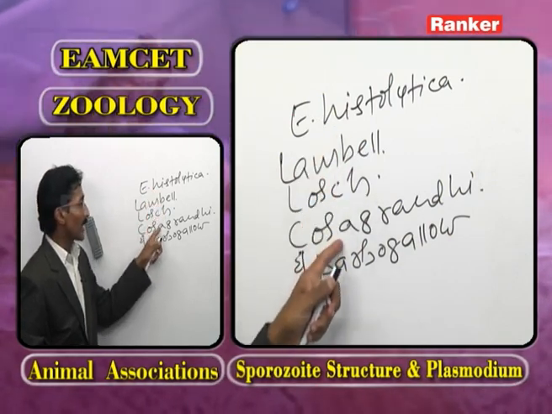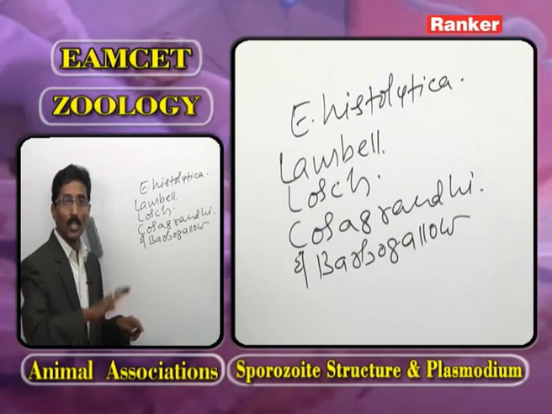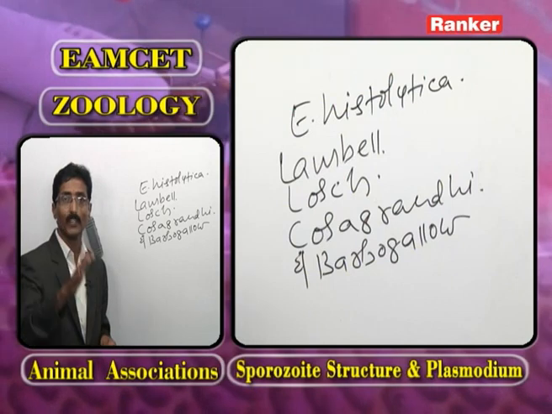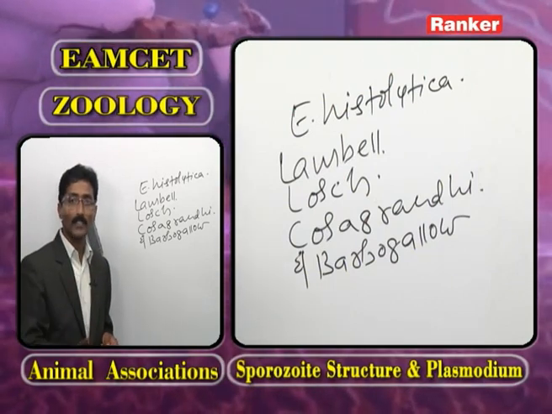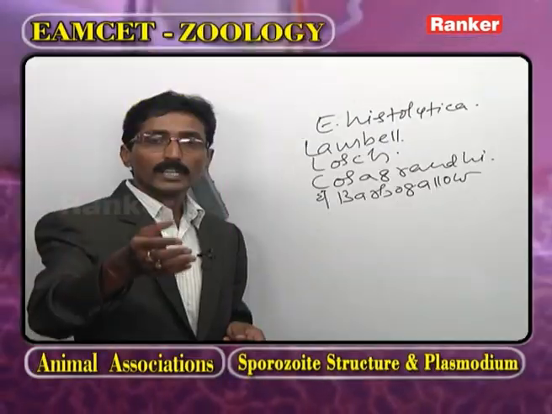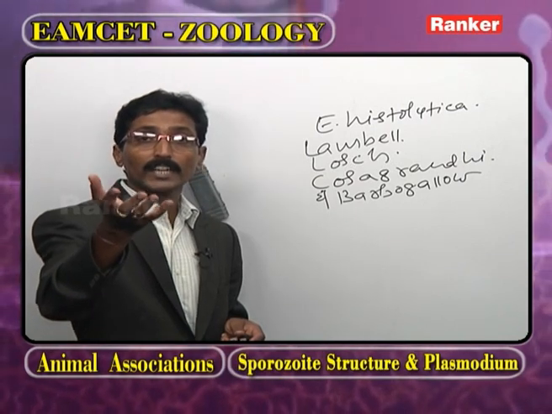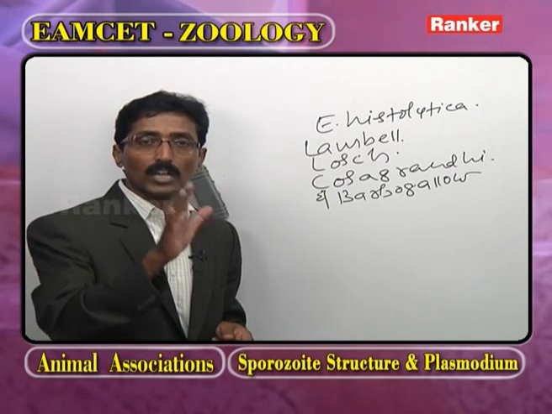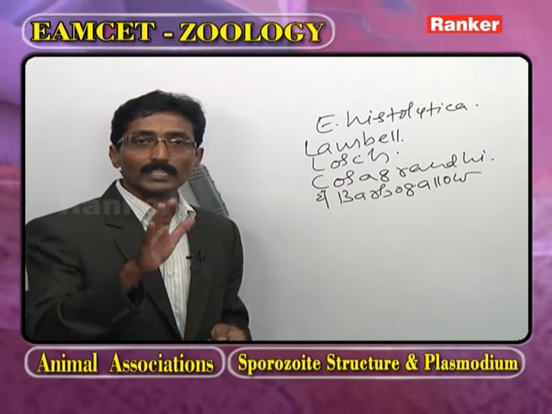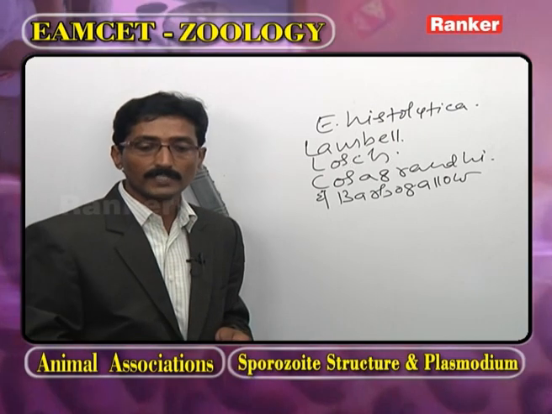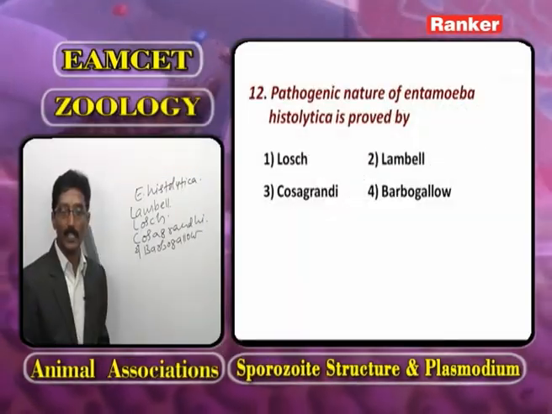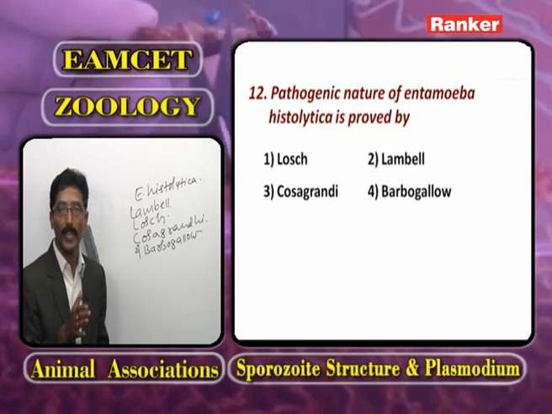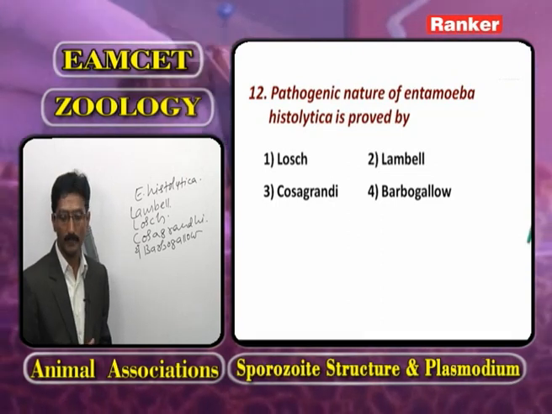The name was given by Casagrandi and Barbagallo. Once we take contaminated food and water, no doubt we are going to suffer from the Entamoeba histolytica disease. Now here, what is the correct answer? The pathogenic nature of Entamoeba histolytica is proved or explained by Lösch.